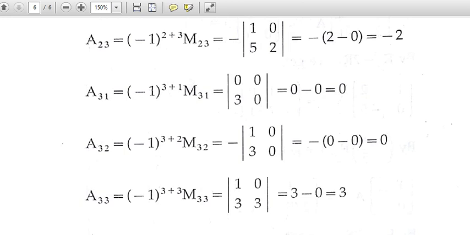So after that, the cofactor matrix is given by the matrix A11, A12, A13 in the first row, A21, A22, A23 in the second row, and A31, A32, A33 in the third row.